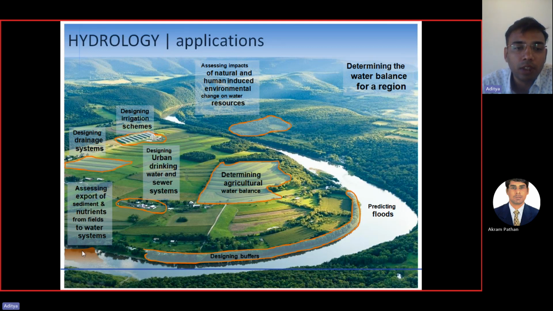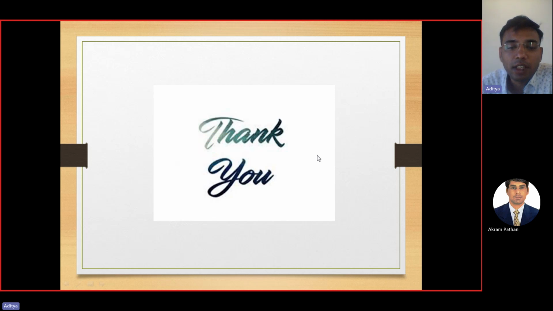This is important for assessing sediment loss in a particular area. As land gets deforested, more sediment flows with the water, which reduces the capacity of dams. So these are some applications of hydrology. This is from my side. Thank you. If anyone has any questions, let me know.